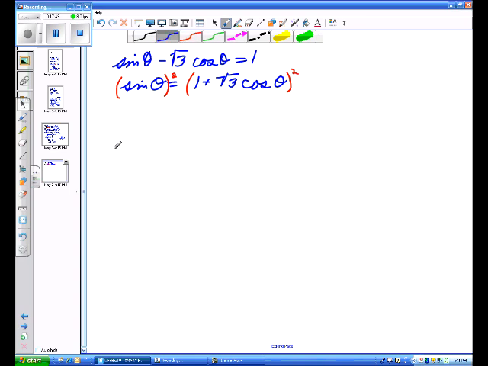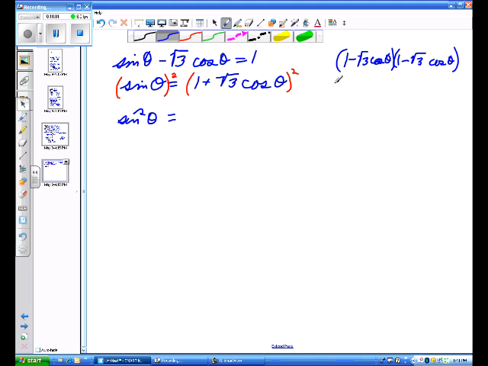So what this is going to give us then is the sine squared theta. Now this one you would need to multiply 1 minus square root of 3 cosine theta times 1 minus the square root of 3 cosine theta.